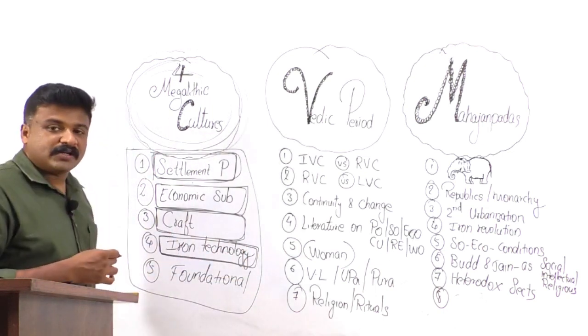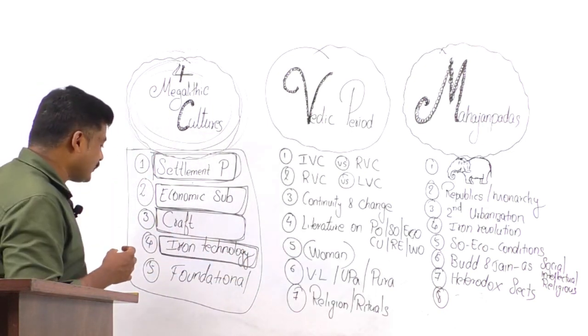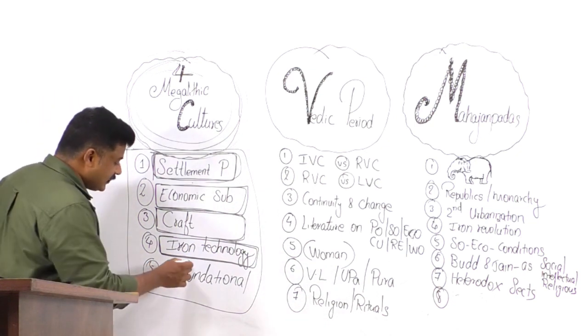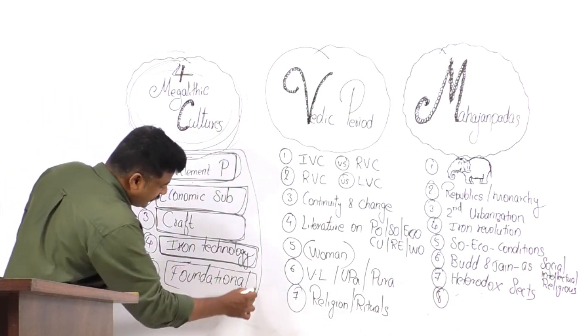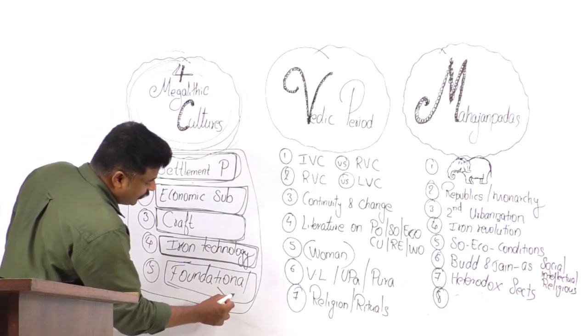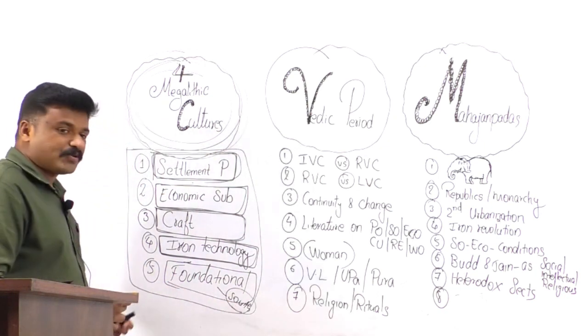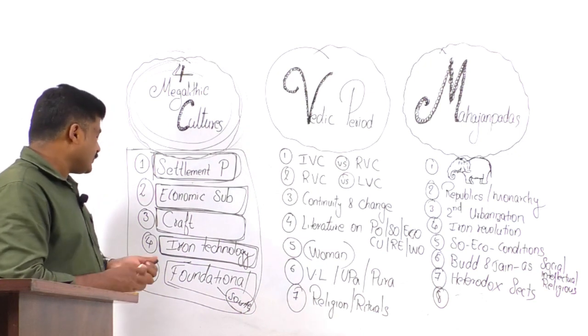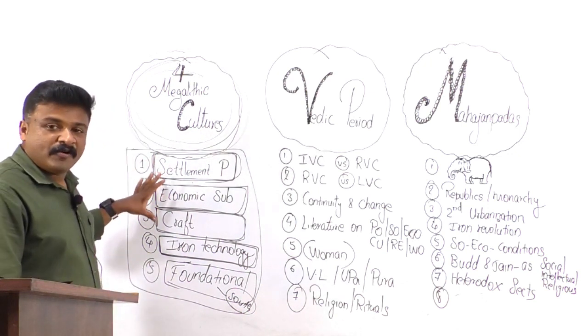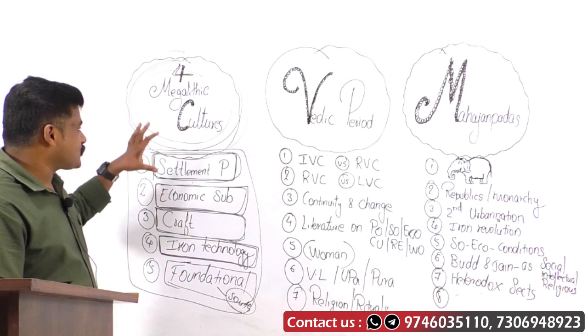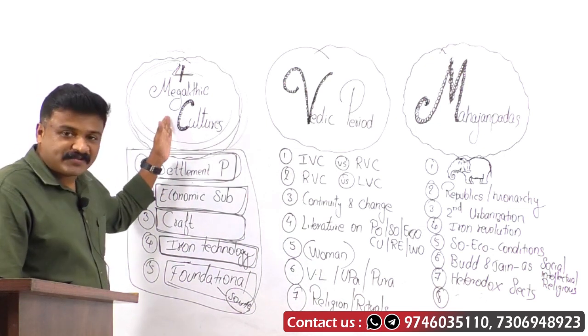What was their iron technology? Then how can it be regarded as the foundational phase of South or peninsular India? So these are the 5 must-prepare topics from megalithic culture.